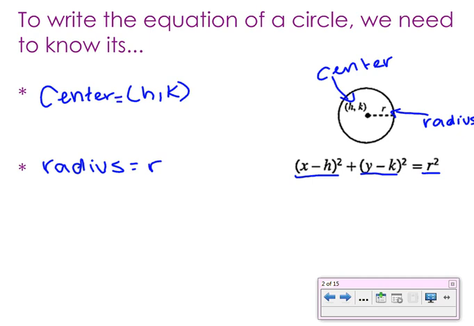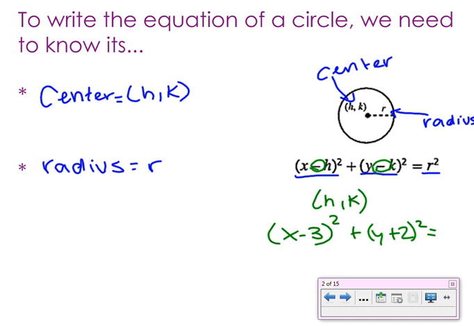Okay, now one thing to really take notice of is that there are these minuses here, that means when we take our h, k, we actually take the opposite sign of what's given. So maybe we have an equation that says x minus 3 squared plus y plus 2 squared equals 16.